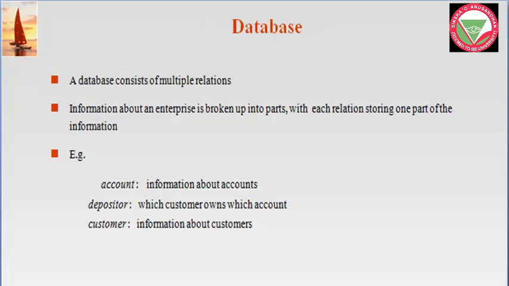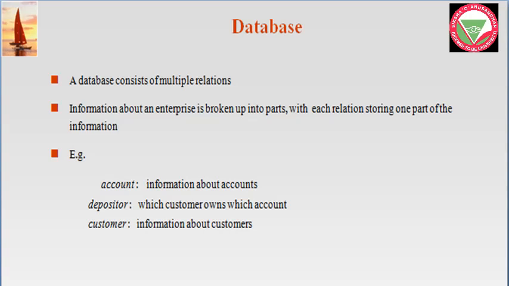Next we discuss the database. A database is generally a collection of multiple relations. So in one database we can have a number of relations which are related to each other. For example, in this particular database, there are three relations. The first one is account, the second one is depositor, and the third one is customer.